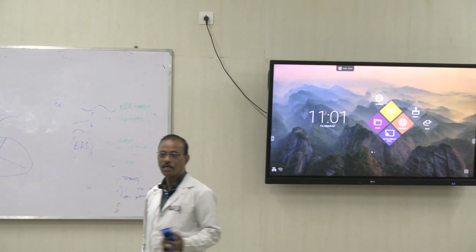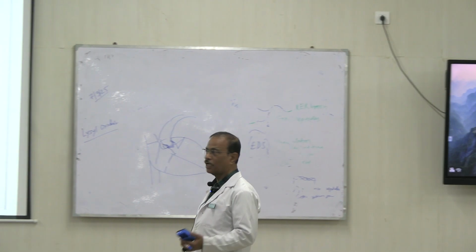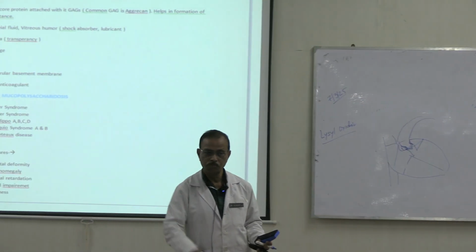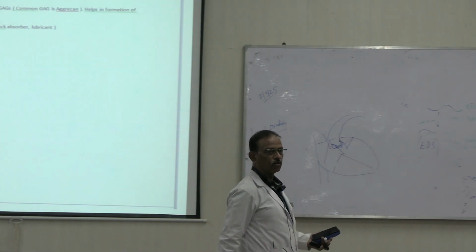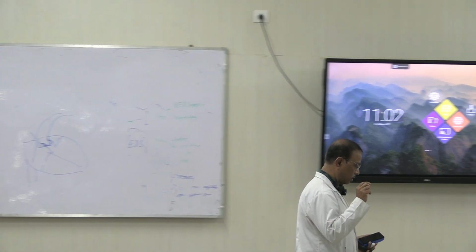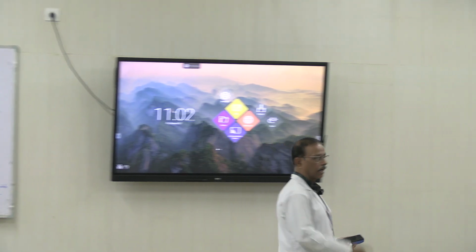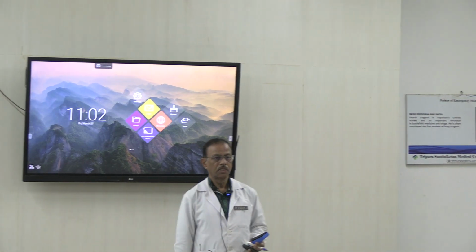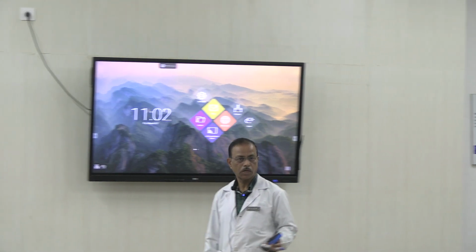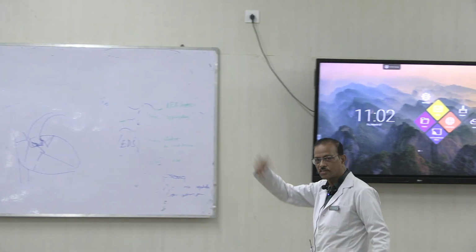You will get a short answer type of question, extracellular matrix. What you will get? You will get definition, types of extracellular matrix. If it is a short note on extracellular matrix, write the definition, types, its function and the main components. Okay, you don't have to go into all these things.